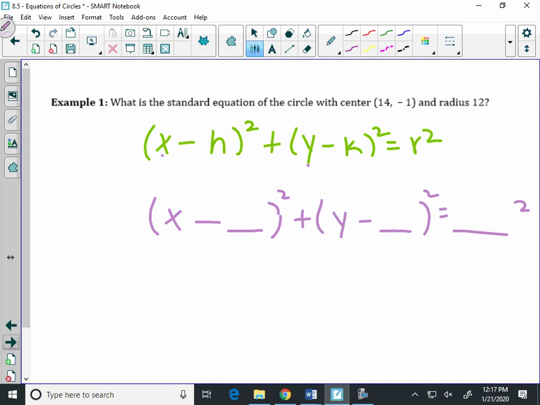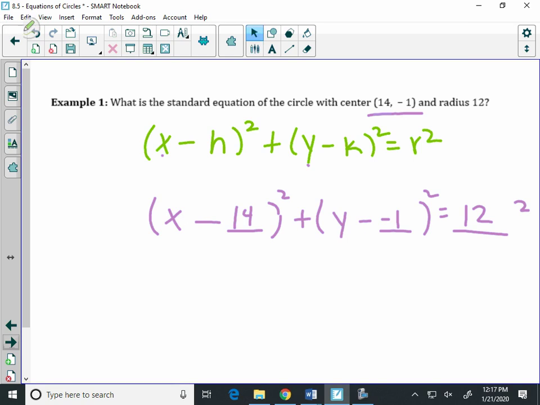What's going to go inside with the x is the x value of your center. What is the x value of our center? 14. Then what's going to go in with the y is the y value of your center. What's the y value of your center? And then what's going to go here is r. What's our r? And then you clean things up.